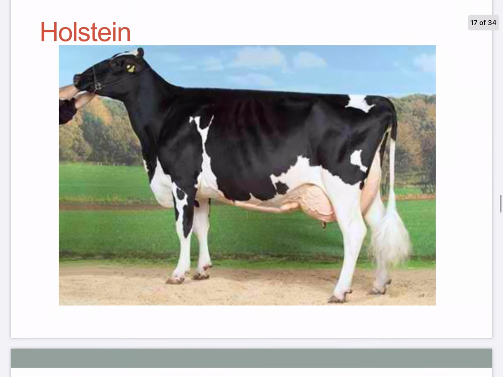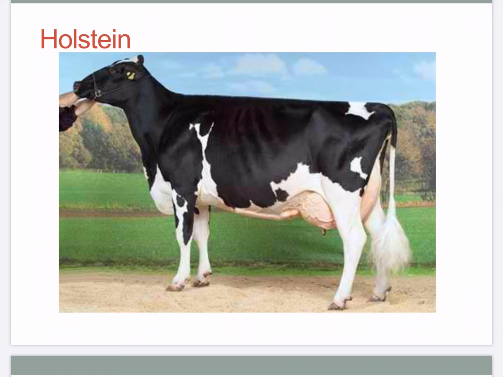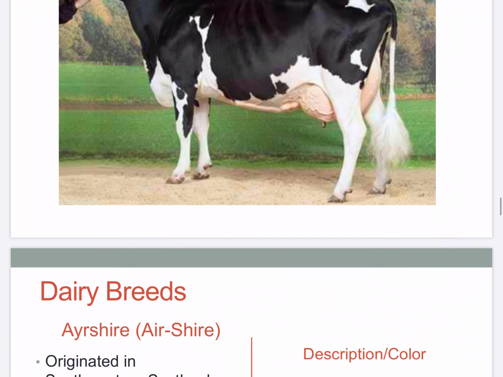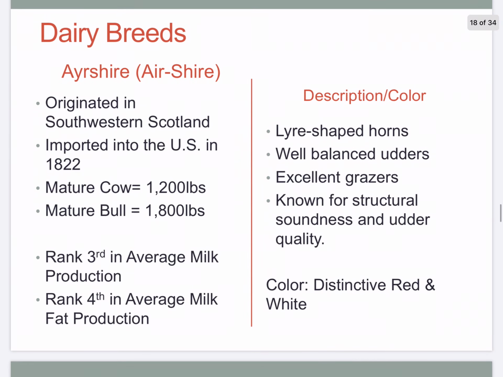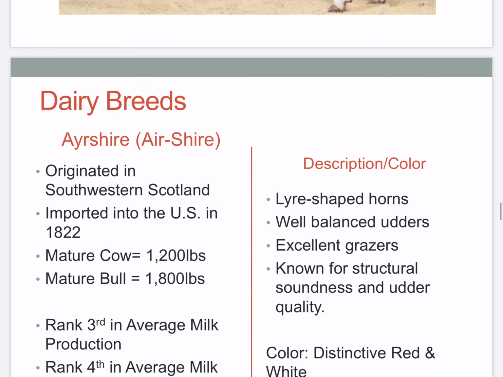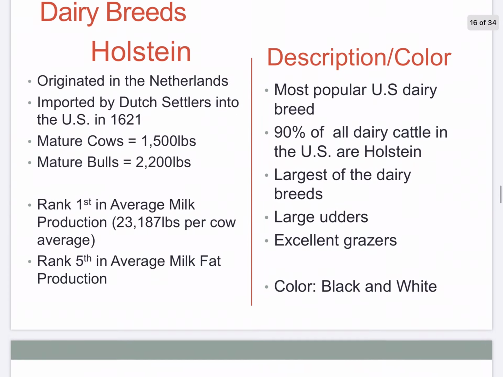Let's look at the Holstein, okay? Let's do this one as an example. If you're looking at your worksheet, we have breed name is Holstein, color and spot patterns, black and white, ranking first. Wait, am I looking at this wrong?